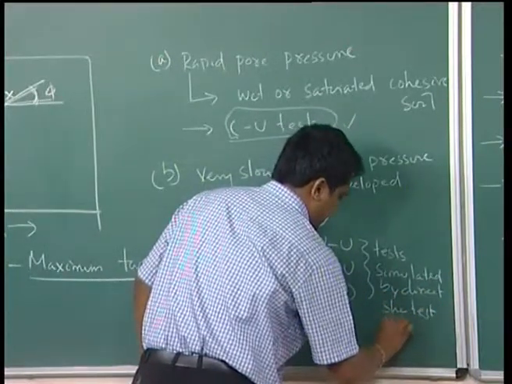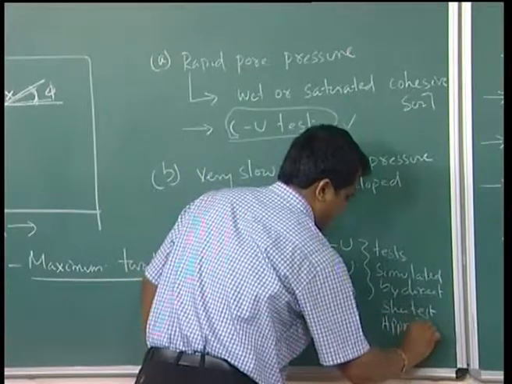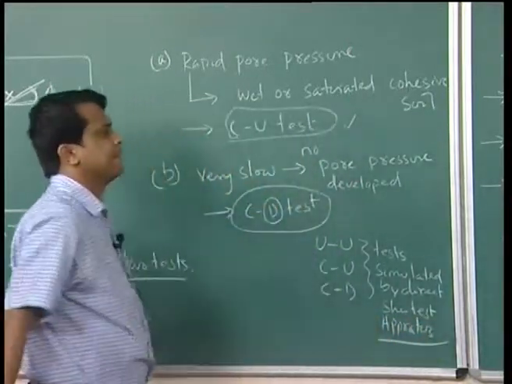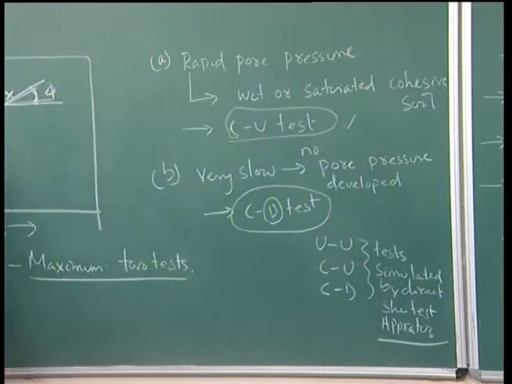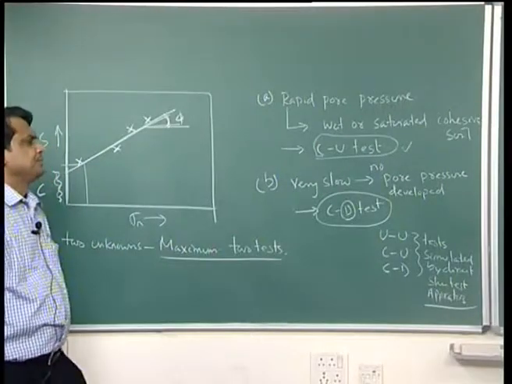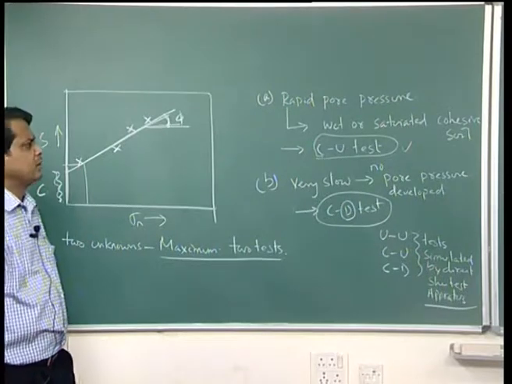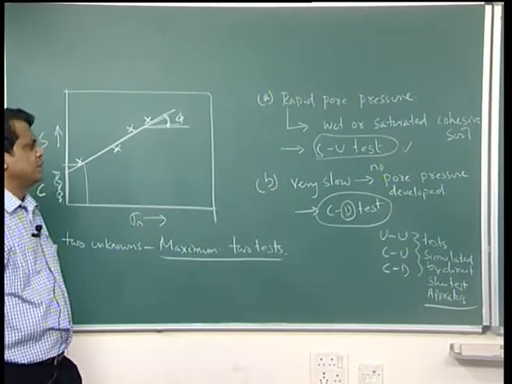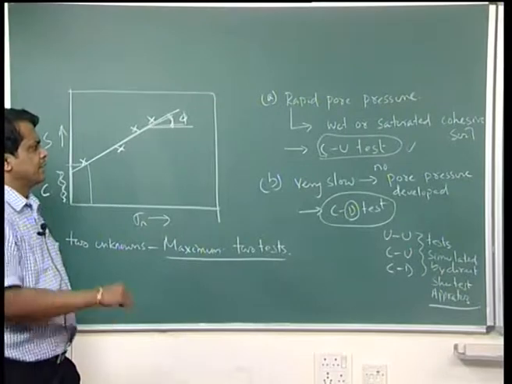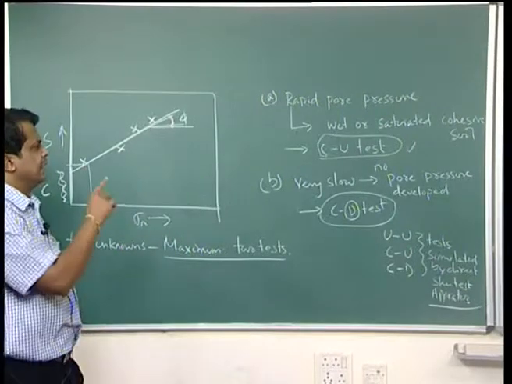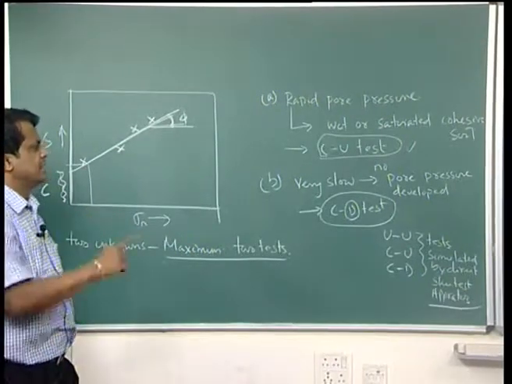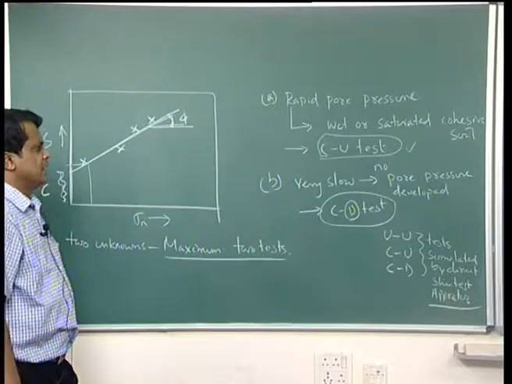Now, what is the disadvantage of the direct shear test? There are three tests required to find out c and phi: one is the quick test that we explained last class, next is the direct shear test, and the third is the triaxial test.